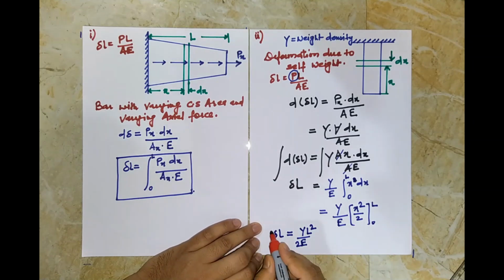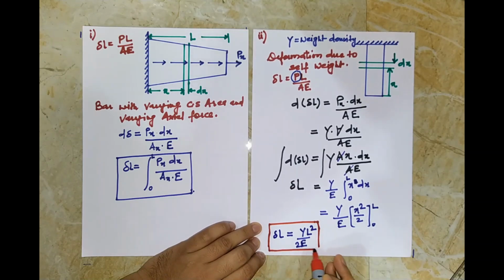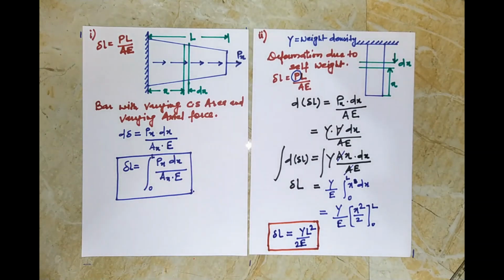This is the total change in length of a prismatic bar hanging under its own weight, where gamma is the weight density, L is the total length of the prismatic bar, and E is the Young's modulus of elasticity.